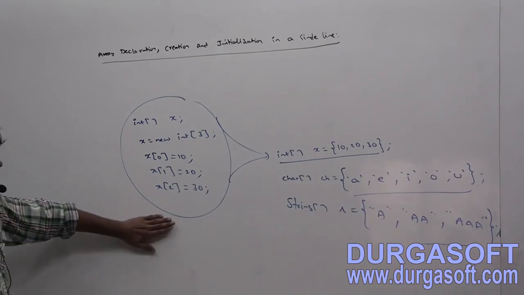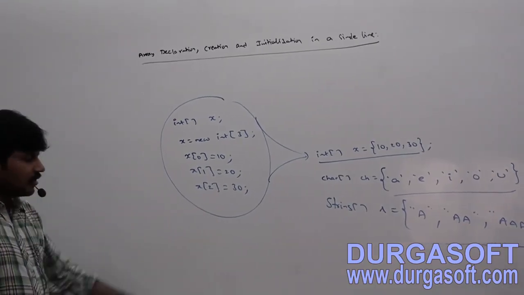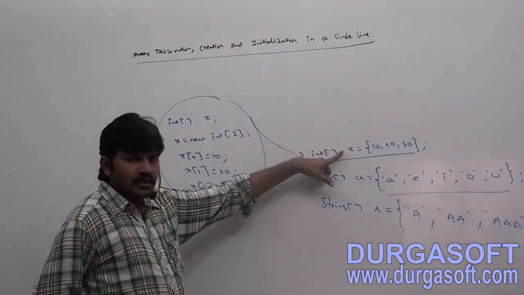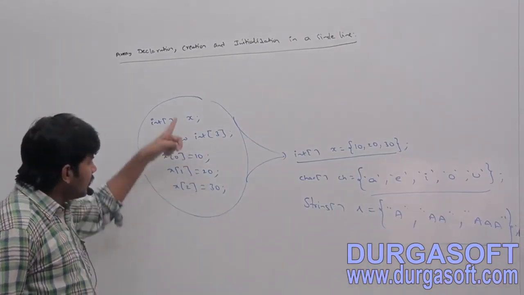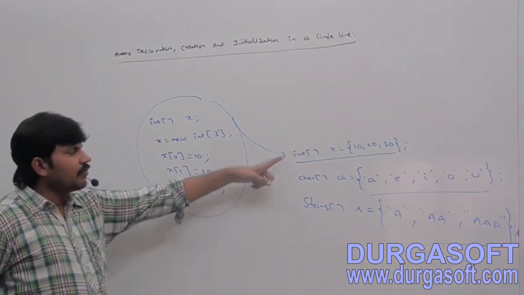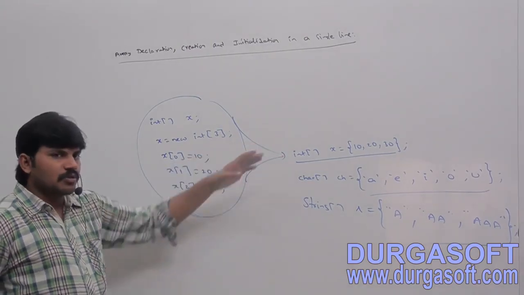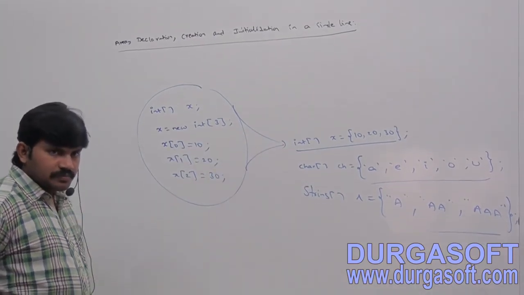I hope the terminology is very clear for you people, right? Whenever we are taking this, internally this one only is happening. It is just convenient to the programmer if you know all values at the beginning. In the heap, every Java object is going to be created on the heap only.